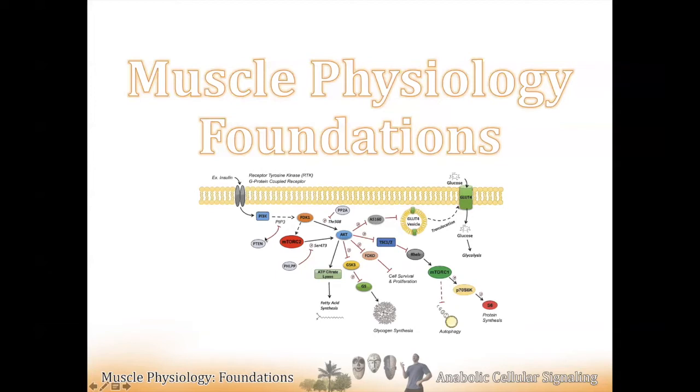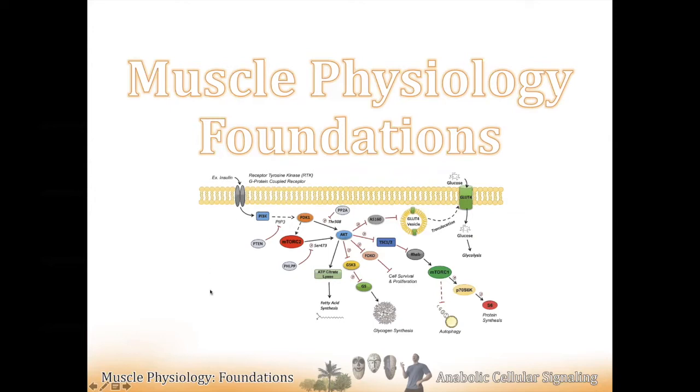It doesn't matter what cell it is, you're going to have some cell surface receptor. But let's say we have a sarcolemma and a skeletal muscle fiber, and inside of it you have PKB. Downstream from PKB is all this mTOR signaling, and upstream from mTOR signaling are all these activators. And at the very top, we have the cell surface receptors.